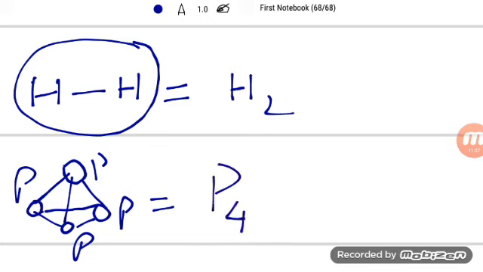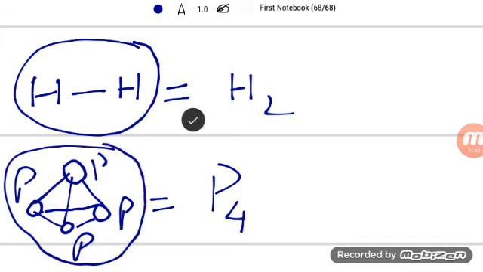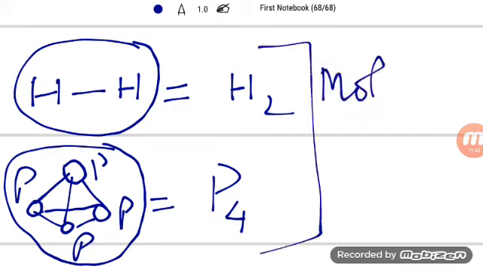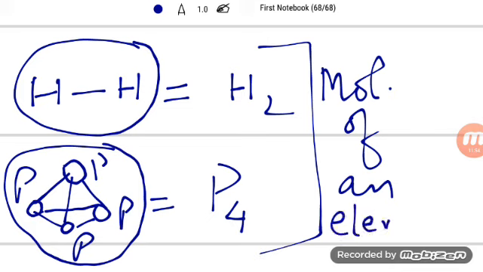But this whole is a single molecule. So 4 atoms of the same element are coming closer. This can be an example of a molecule of an element. Here you can see that the element is the same. In this case phosphorus is the element and in this case hydrogen is the element.